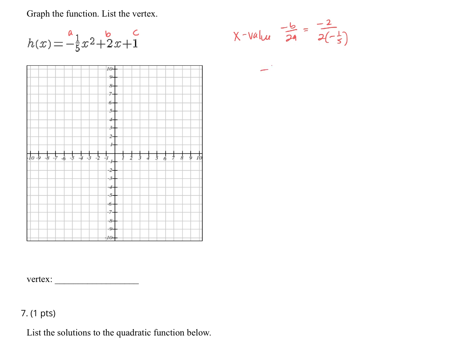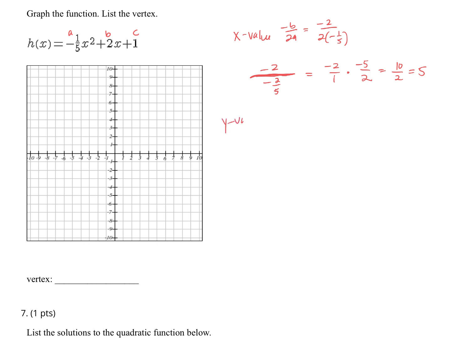So this is going to be negative 2 over negative 2/5. This fraction can be seen as a division. So this is the same as negative 2 over 1 times negative 5/2. Because when you divide, you flip the second fraction, change to multiplication. So this will be 10/2, which is 5. So the x value is 5.